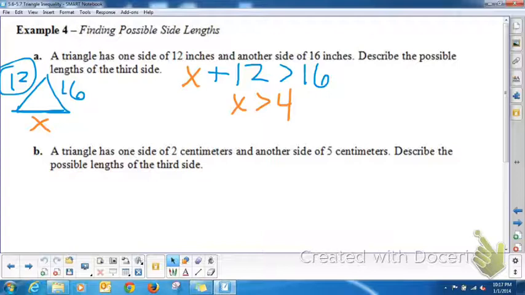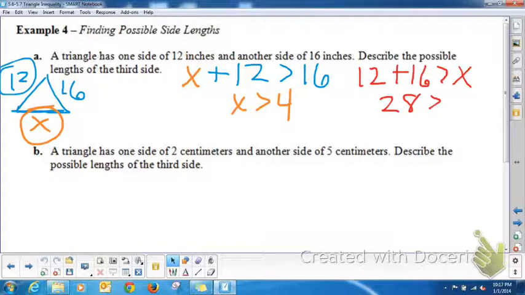Additionally, what if this was the largest side? That means that 12 and 16 have to be greater than that side. 12 and 16 is 28. 28 has to be greater than x.